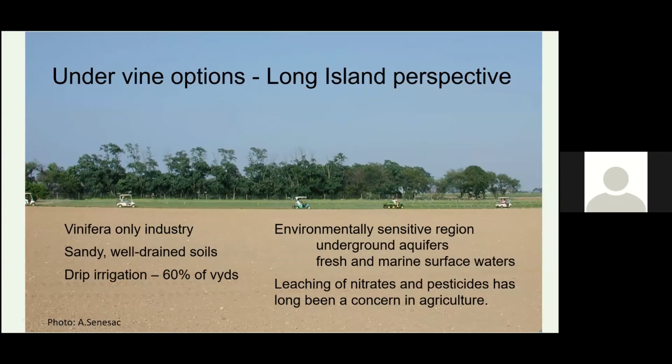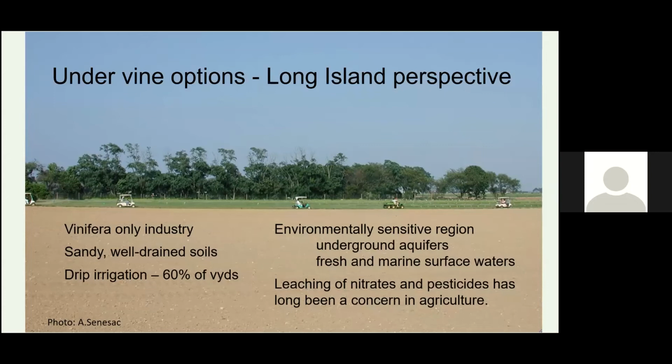Long Island, just a little bit of background. Long Island's a vinifera-only industry, and we have very sandy, well-drained soils. Long Island was formed when glaciers advanced across the Northeast, so very sandy soils. We do use a lot of drip irrigation, probably more than 60%. I have drip in my vineyard.